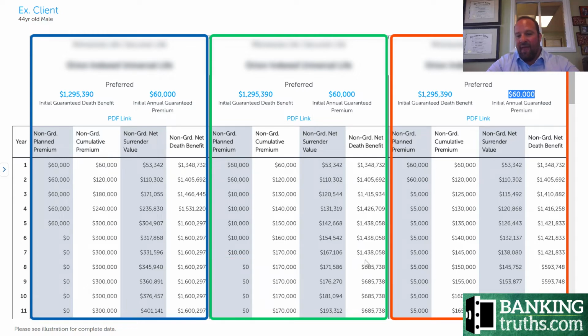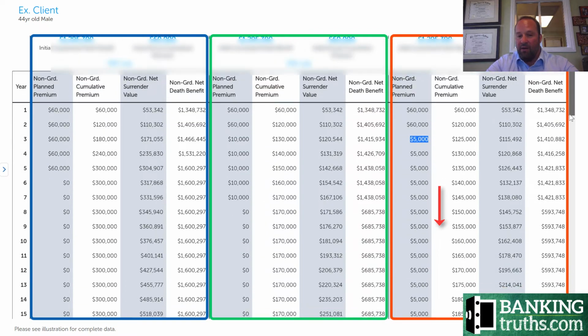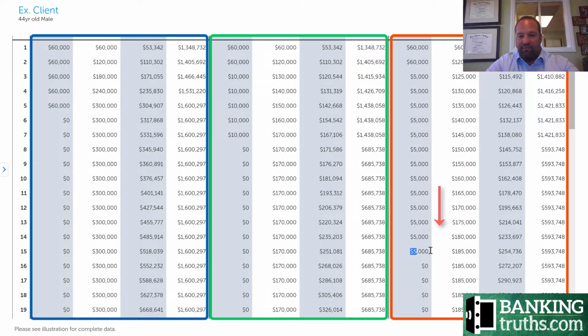What happens after that is we drop the death benefit substantially, as you can see, as well as with the orange scenario, where we pay $60,000 a year for 2 years and then $5,000 a year until year 15. We drop the death benefit in the 2 light funded scenarios after the 7th year because, let's face it, clients start this not as much for protection, but for long-term performance.